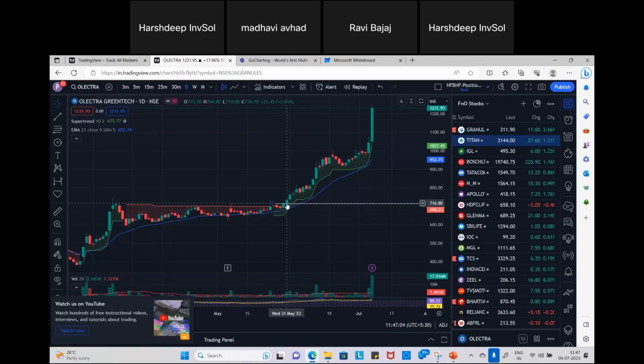We will consider for the time being 720 as our entry price. And if you look at the stock, it's still trending, it is still going, and it has delivered around 500 points plus so far.